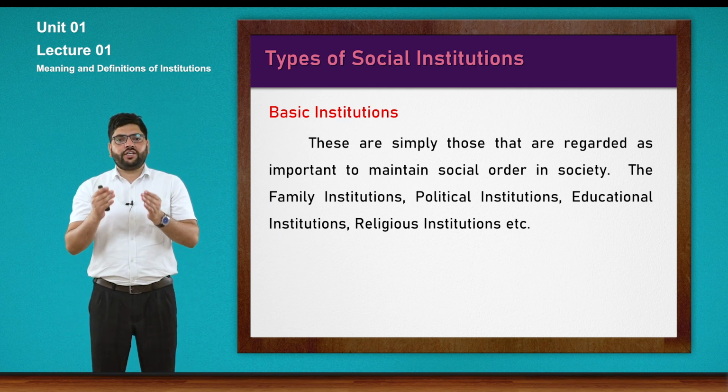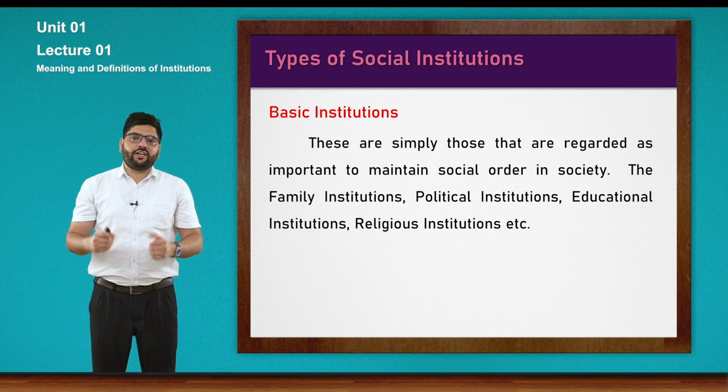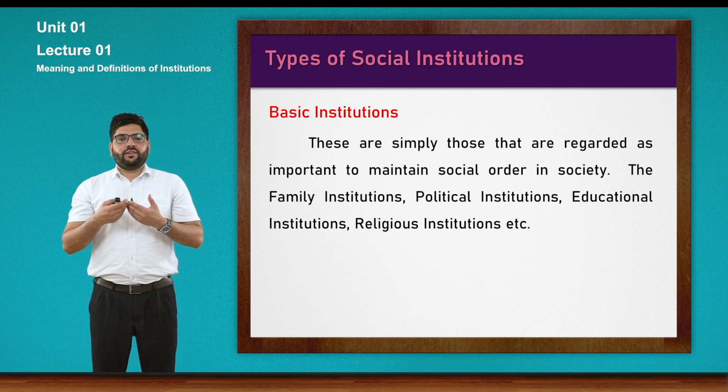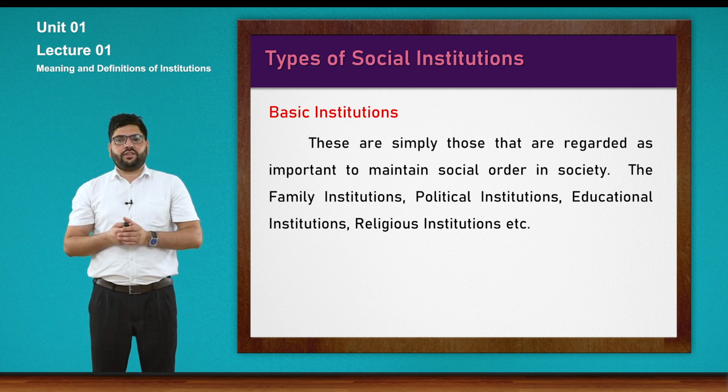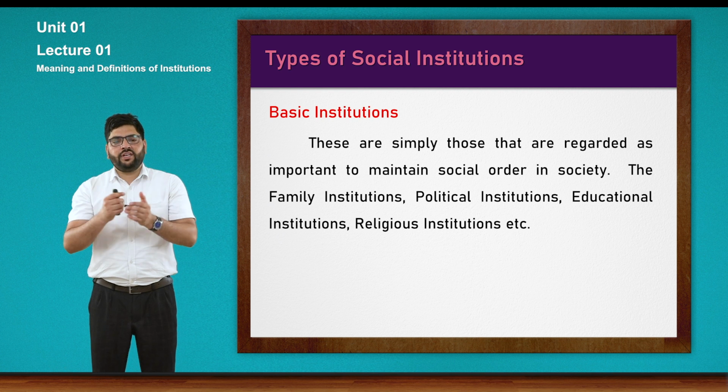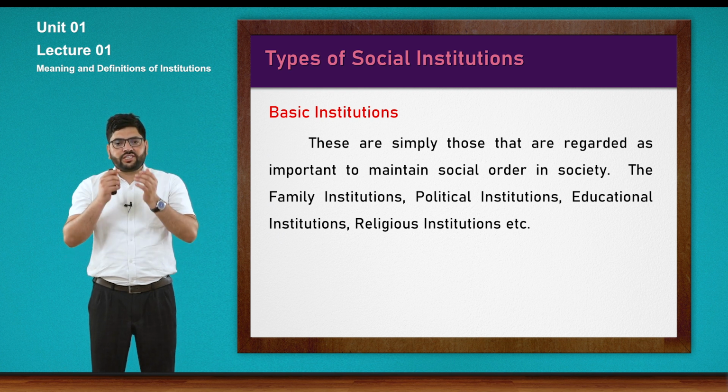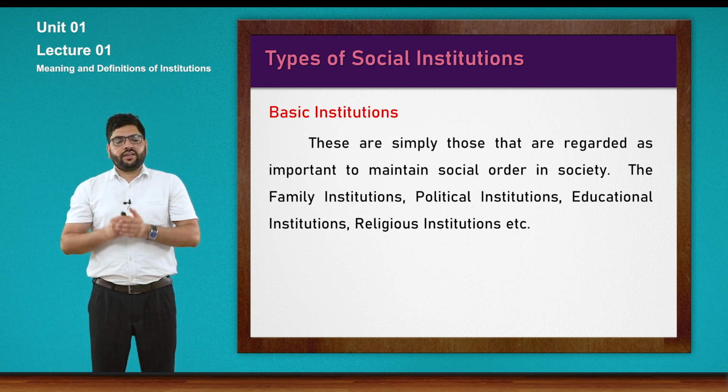The social order is needed in the society. So we have to maintain this social need, the order in the society. These include the family institutions, political institutions, educational institutions, and religious institutions.